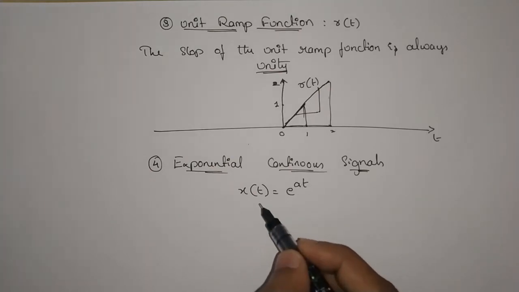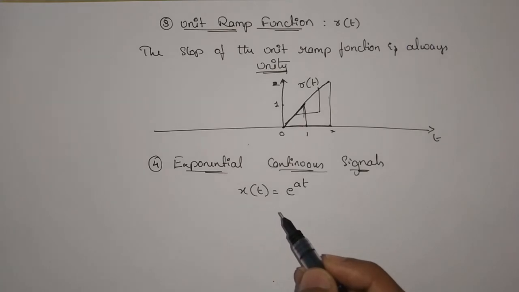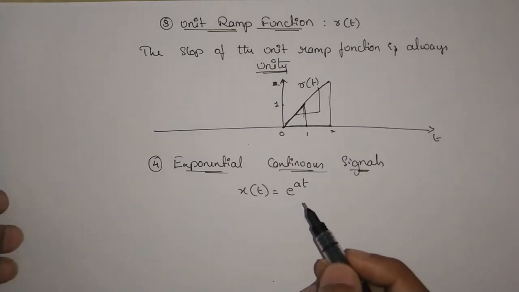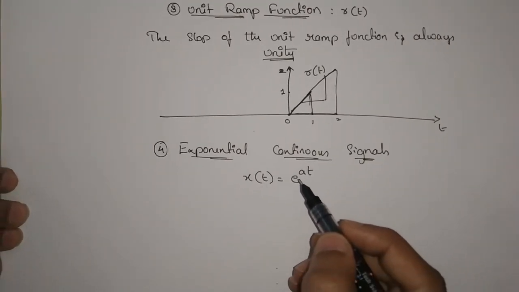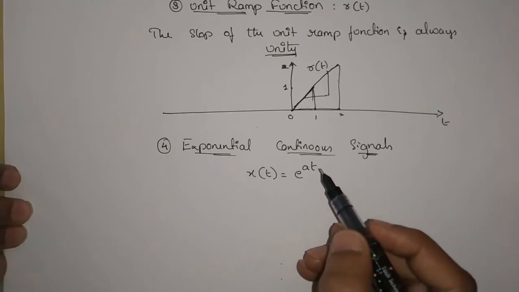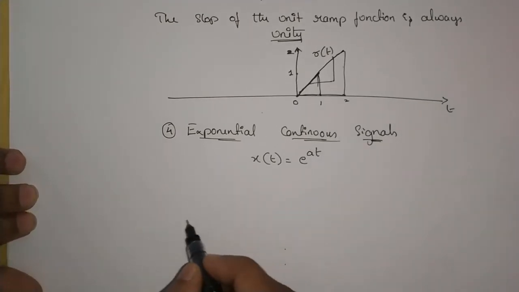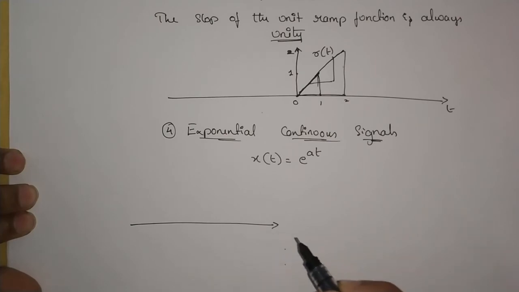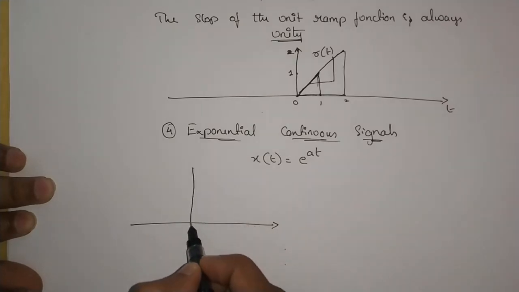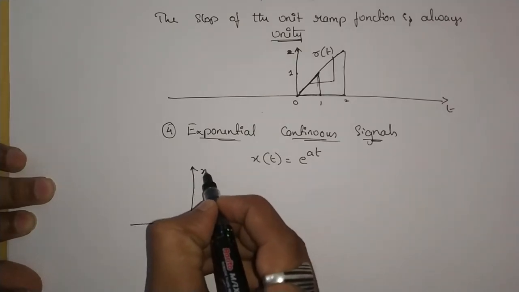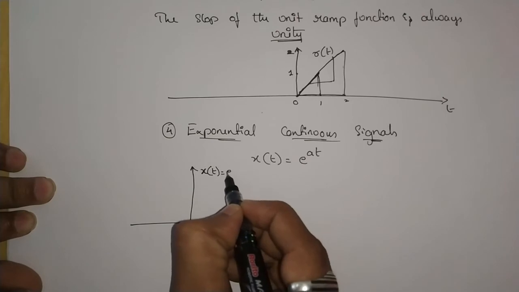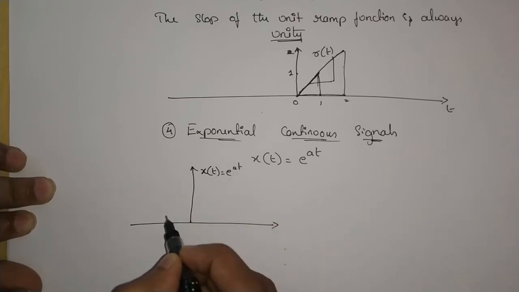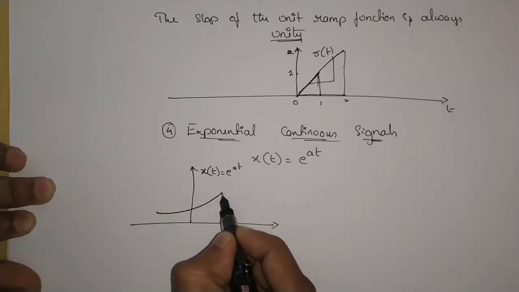Exponential term, x of t is equal to e power at. Okay, and these exponential signals are of two types. One is growing exponential functions, and another one is decaying exponential functions. x of t is equal to e power at is a growing exponential function.